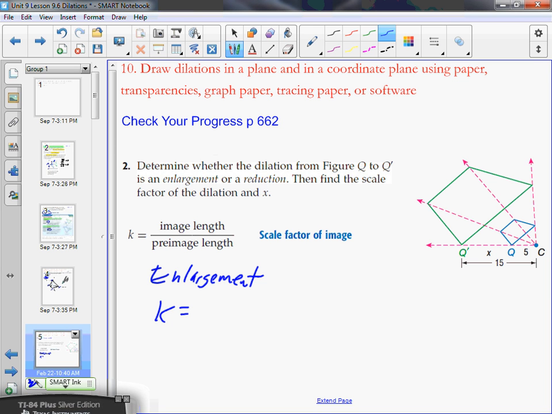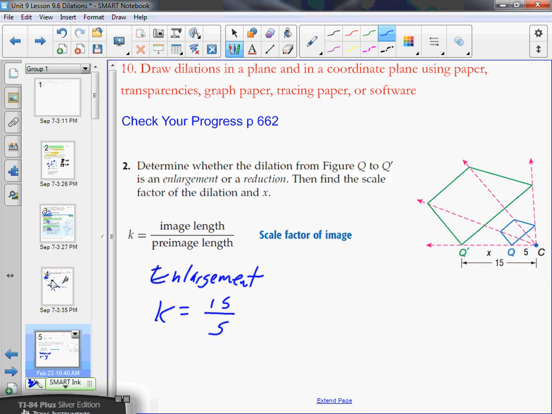Then find the scale factor. Okay? We can find the scale factor one of 2 ways. Either make it the ratio of a pair of corresponding side lengths, or make it the ratio of the distance from the center to a point of the new figure, 15, to the distance from the center to the corresponding point of the original figure, which would be 5.